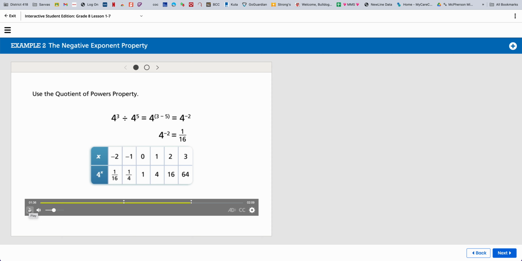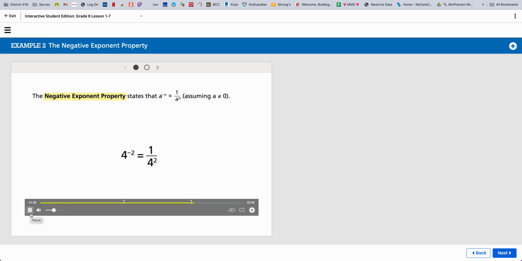So here, if we read that table backwards, we're dividing by 4, divide by 4, divide by 4, and here we get to 1, and if we divide by 4 again, it's 1/4, divide by 4 again, it's 1/16. So negative exponents are a way of showing us repeated division. We're just going to divide to make the number smaller and smaller.